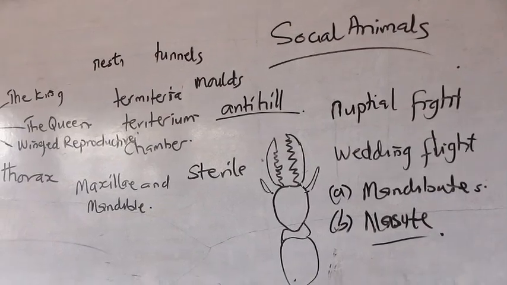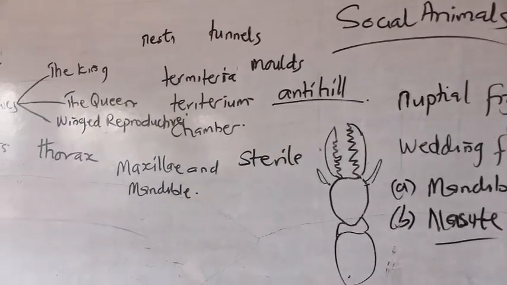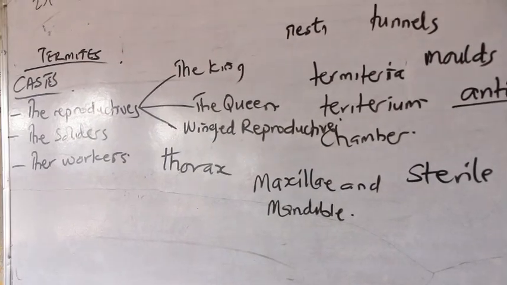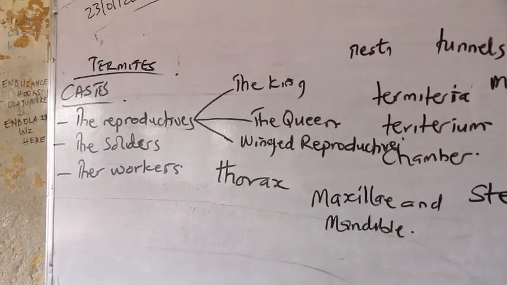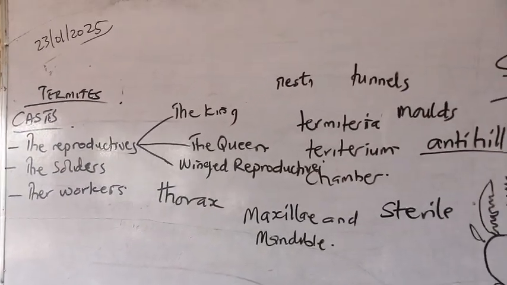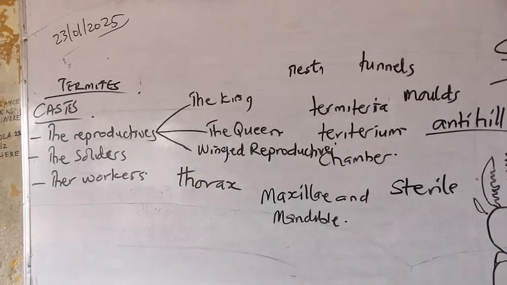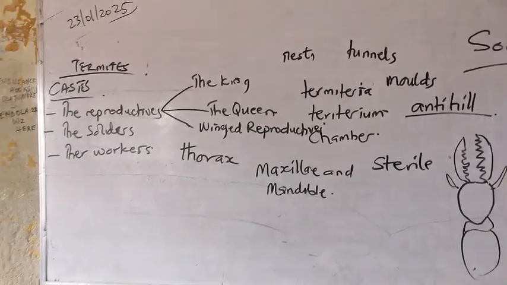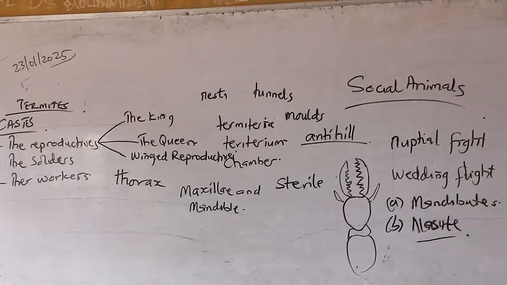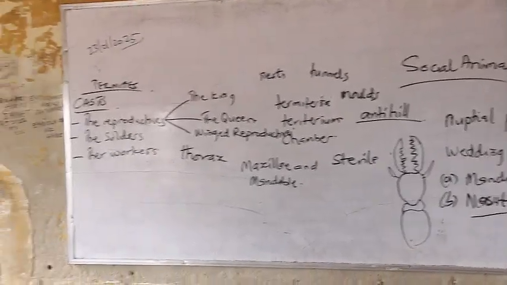Is that not wonderful? For an insect that is blind, they will know the egg. I've seen one, I don't know how they carry the egg. By the time you do like this, they'll just pick the eggs. And they protect the queen.